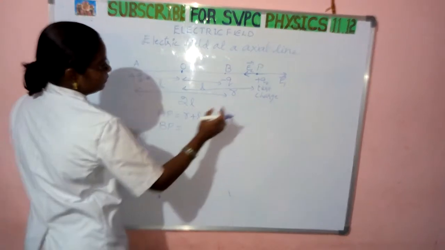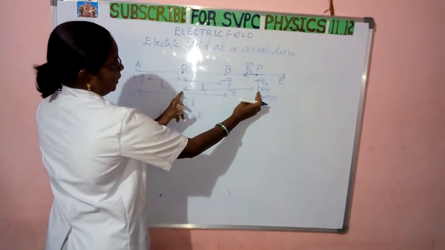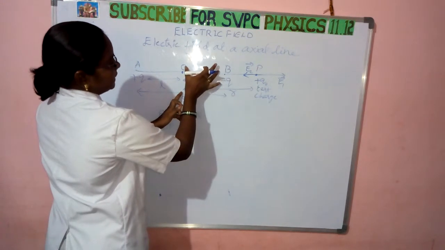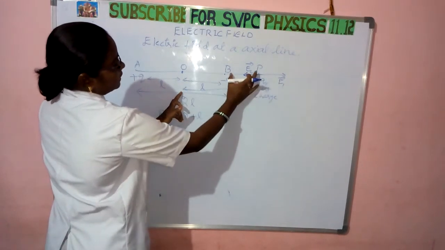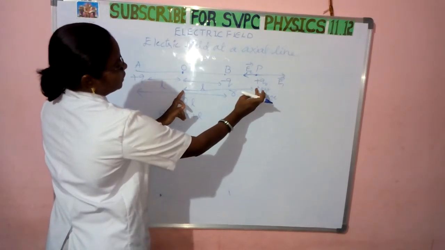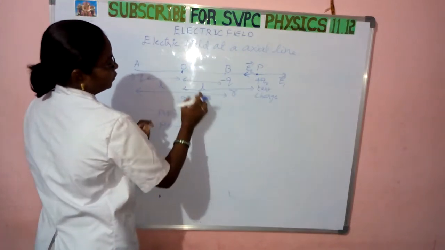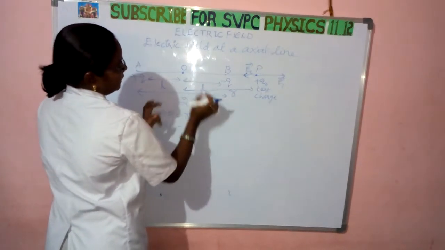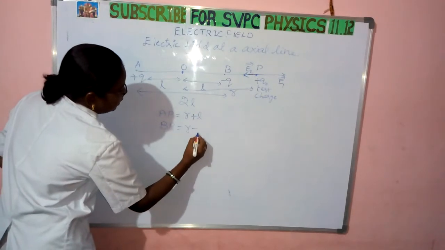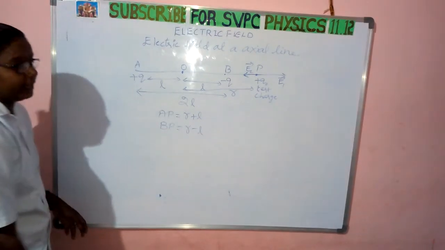From the diagram, this is R and this is L. So to get this distance I have to do R minus L. So BP is R minus L from the diagram.